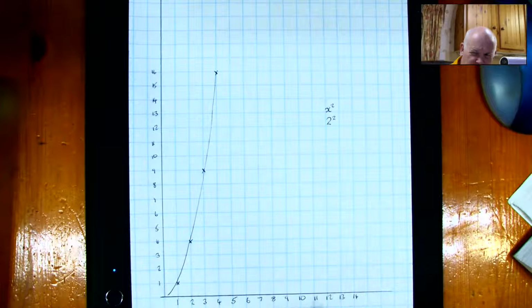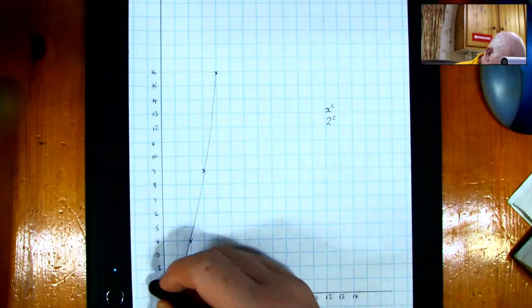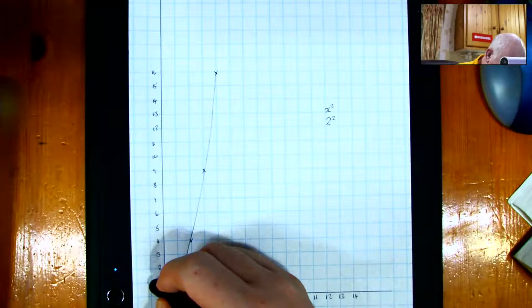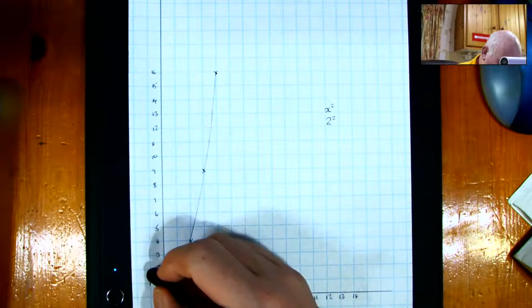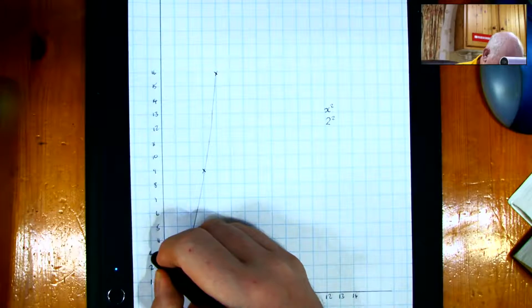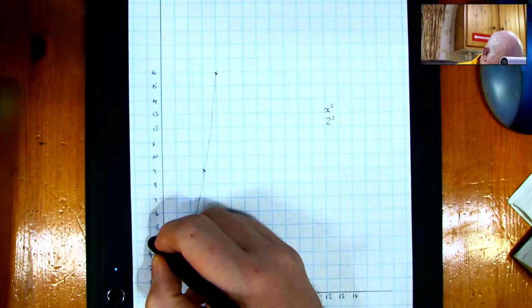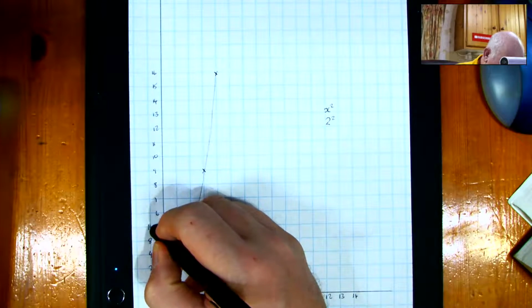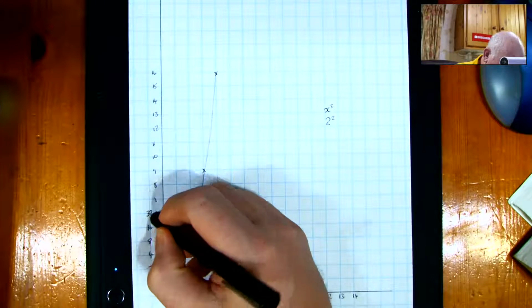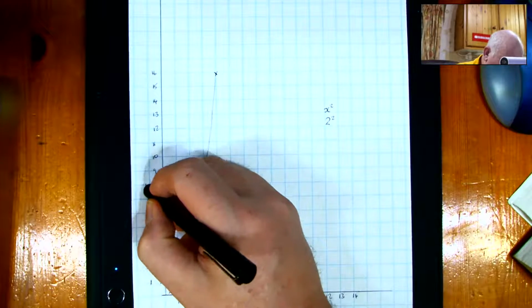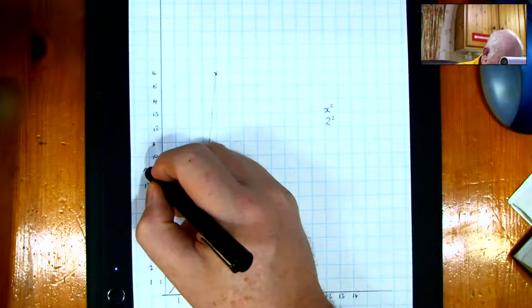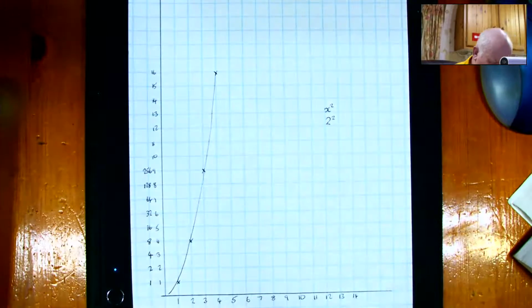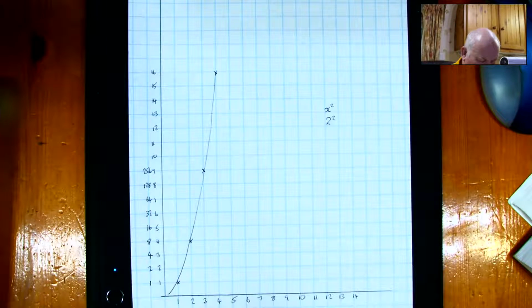Let's try something really stupid that you're told not to do in school. Let's imagine we set this at 1, this one at 2, this one at 4, and then 8, 16, 32, 64, 128, 256. Let's see what would happen then.